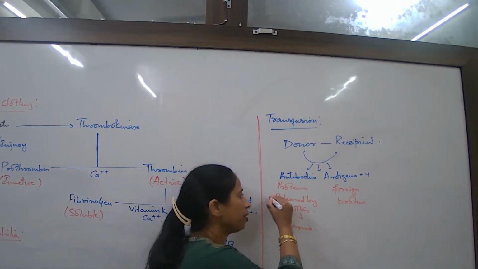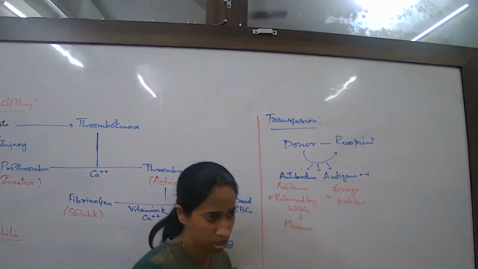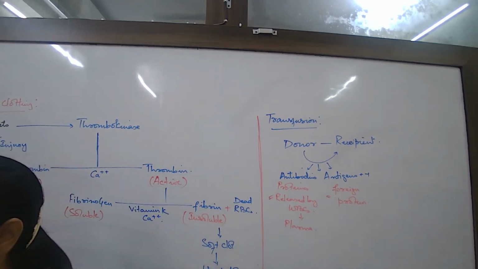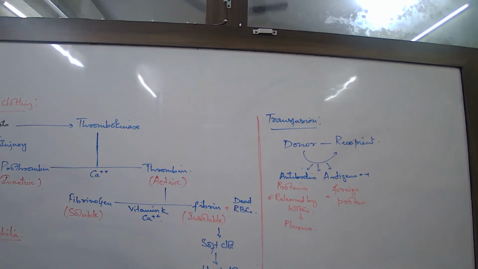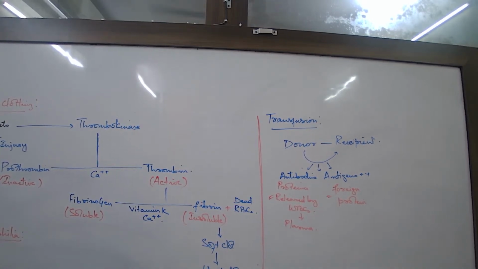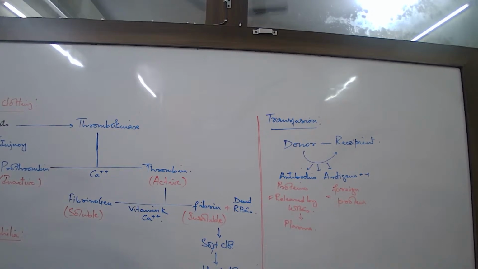Try to understand, we'll now be talking about these two types of proteins. So what I said, two types of proteins are to be taken care of. One type of protein that our plasma already has, which the WBC is producing, and another type of protein which is entering from outside.